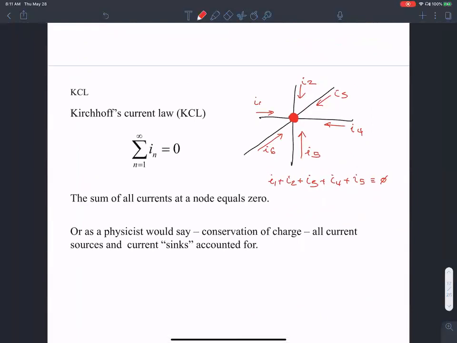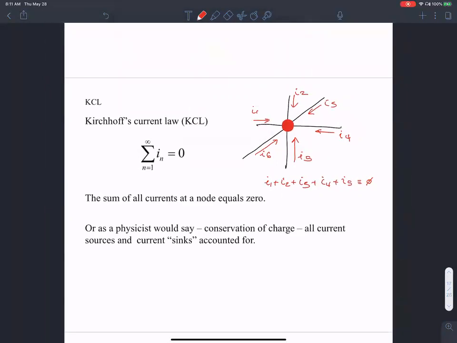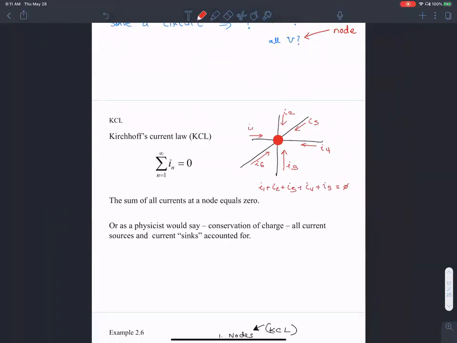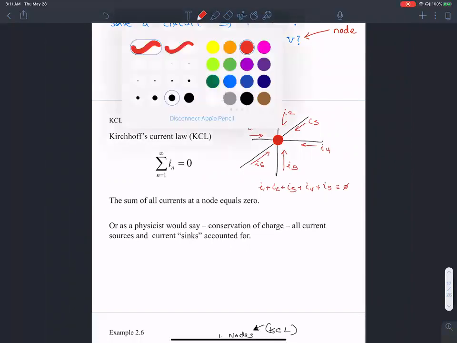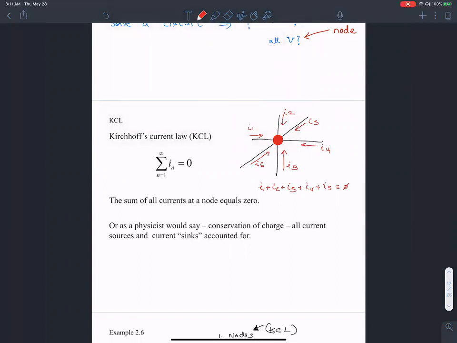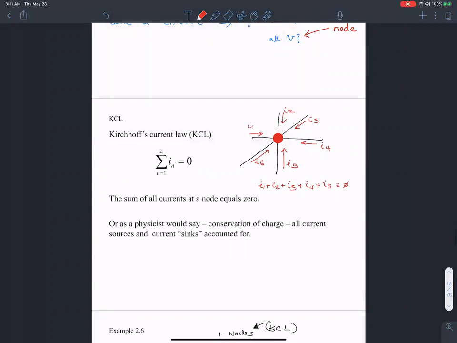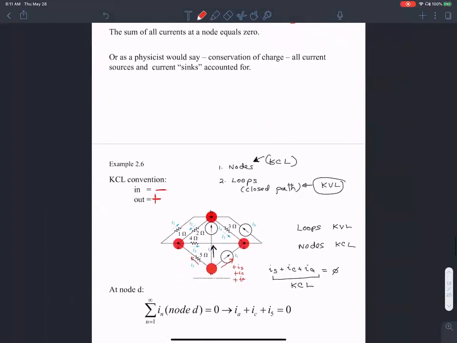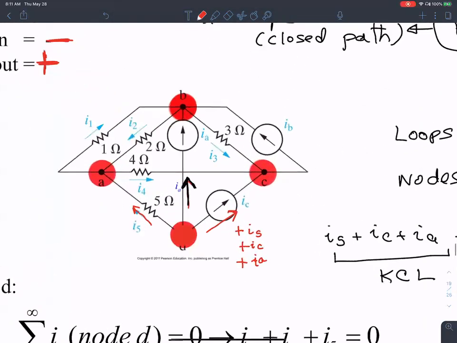Kirchhoff's current law has to do with nodes. A node is a connection of more than one wire. Kirchhoff's current law says if you add all the currents at a particular node, that should equal zero. There are four nodes in this circuit.